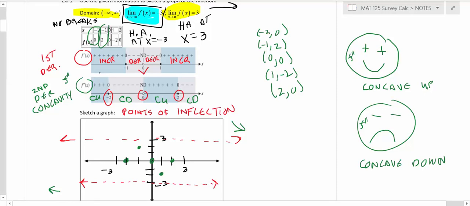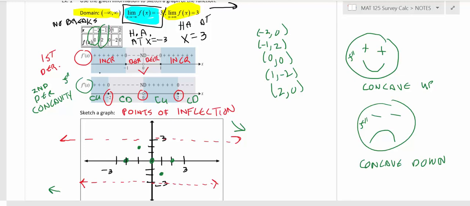Now what we know is this thing levels off at that horizontal asymptote. The function is going to increase until it gets to -1, then it's going to start decreasing. Then you've got that sharp point right there, and it's still going to decrease.